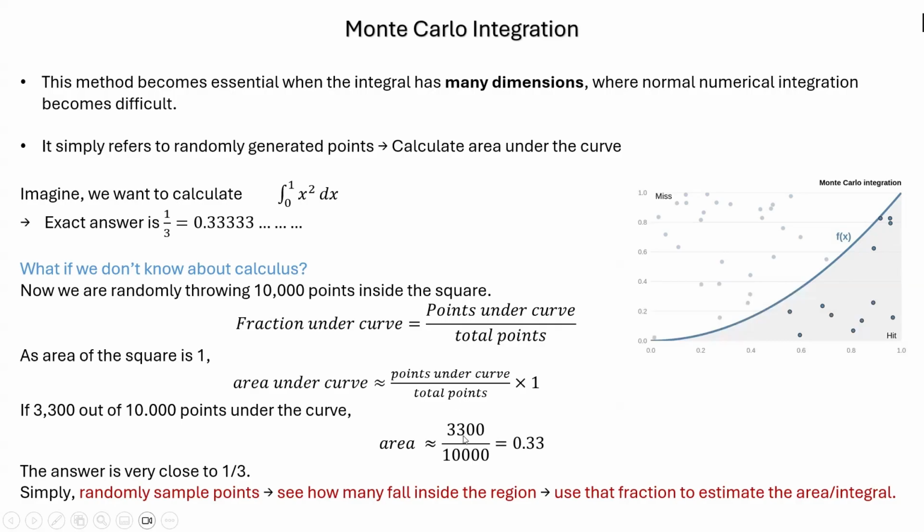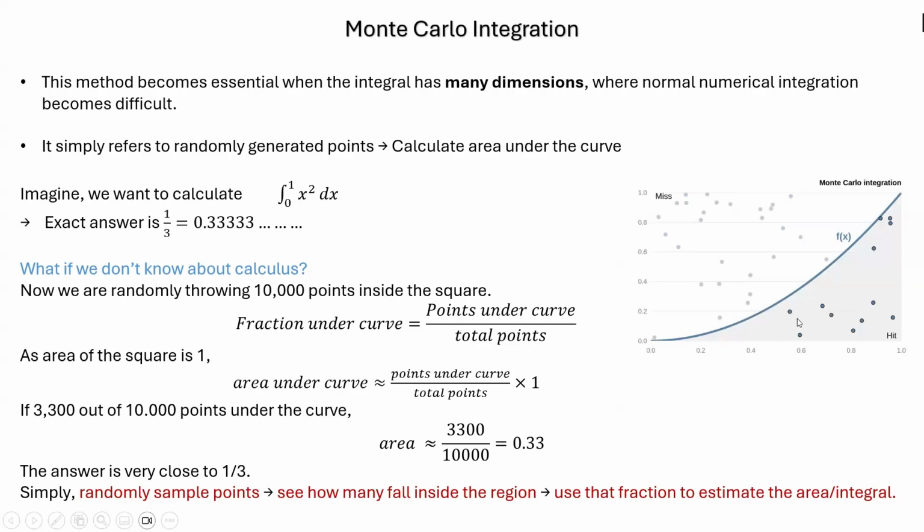But here we get our value, which is 0.33. So it's very close to 1 by 3, but not that close. So using this idea, we can simply say that if we put randomly sampled points and see how many points fall inside the region, we can then work out the proportion and evaluate the area, and we can get our total area under the curve.